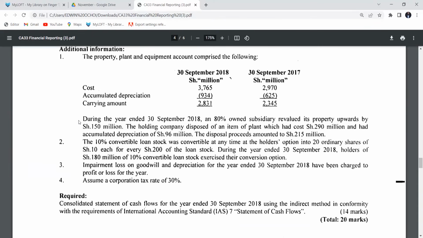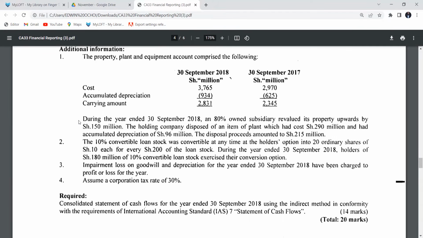Number 2, the 10% convertible loan stock was convertible at any time at the holder's option into 20 ordinary shares of shillings 10 each for every 200 of the loan stock. During the year ended 30th September 2018, holders of 180 million of the 10% convertible loan stock exercised their conversion option.